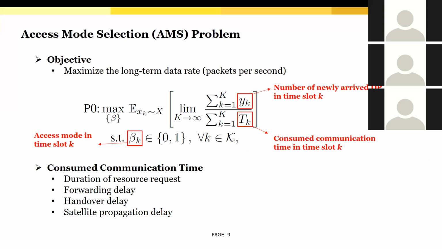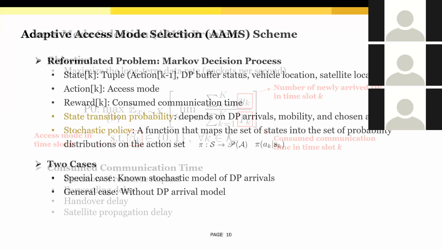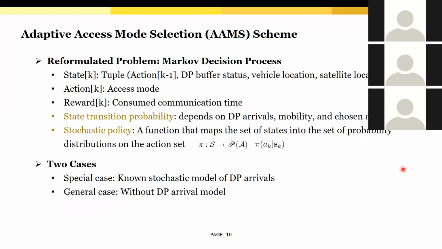Oh, okay, I see. I think both of the two cases can be implemented in current networks. The first one is that the controller can be located at the base station.